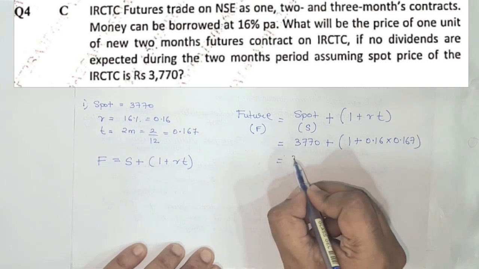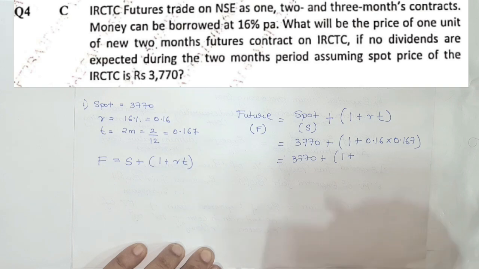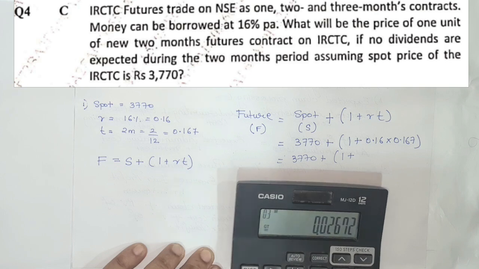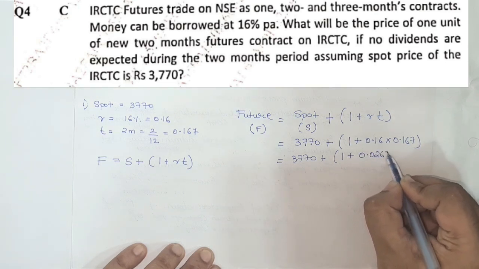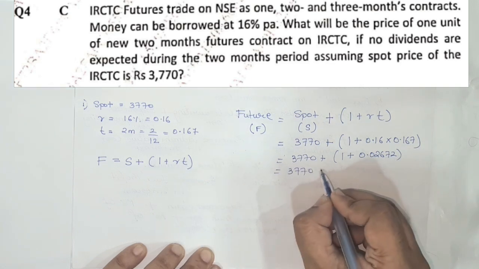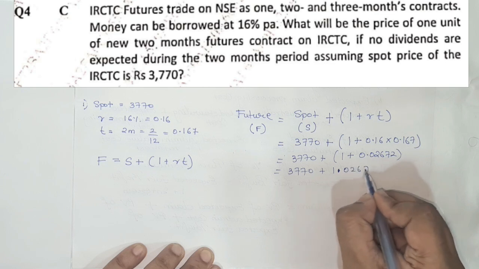So this becomes 3770 into 1 plus, and on the calculator 0.16 into 0.167 comes to 0.02672. Next step, 1 plus 0.02672 becomes 1.02672.